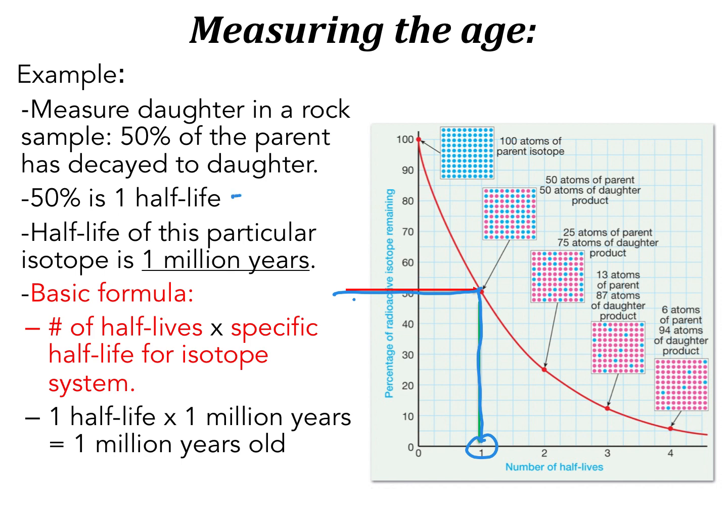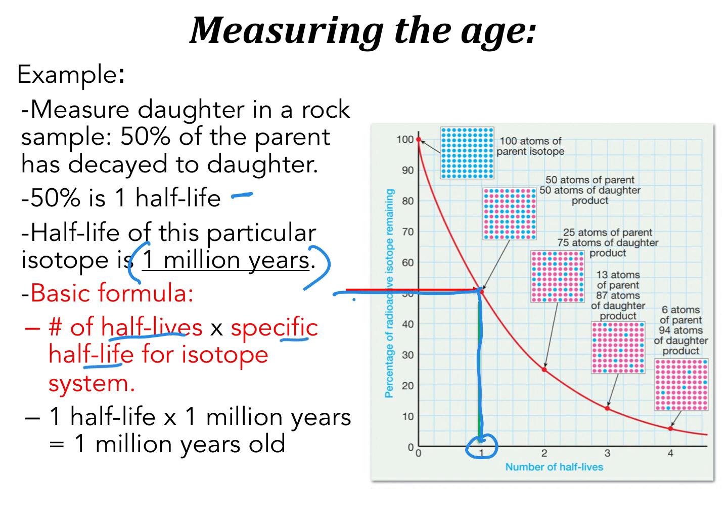So if 50% is one half-life, we will need to know what the actual half-life of that isotope is. So let's say that isotope has a half-life of 1 million years. Well, the basic formula for calculating the age is going to be the number of half-lives that have passed and the specific half-life for the isotope system we're using.